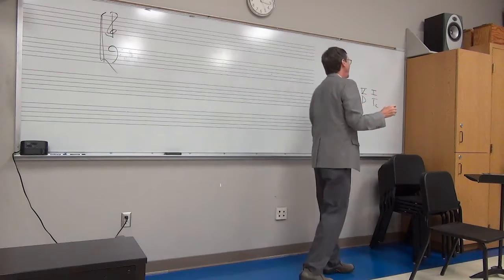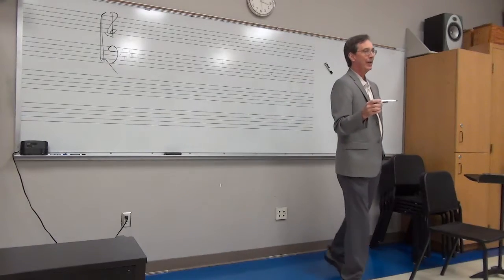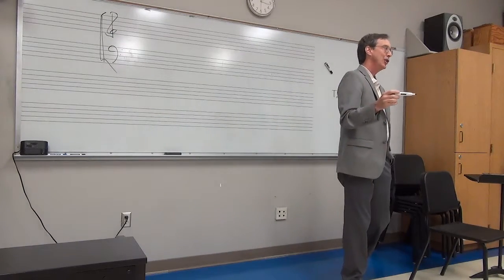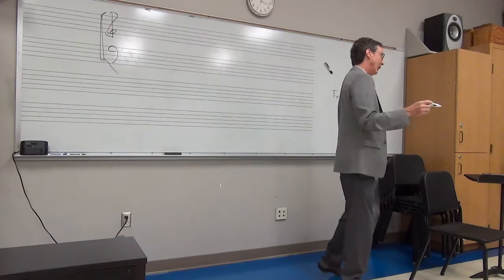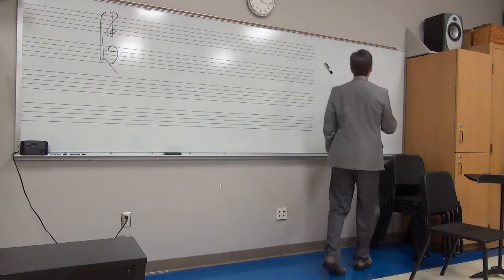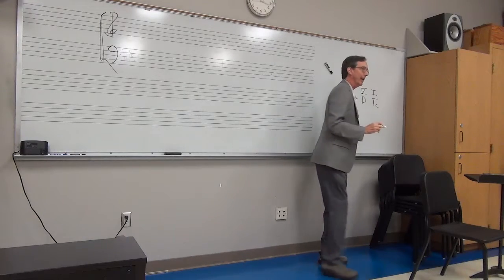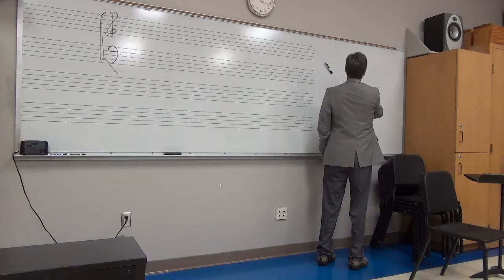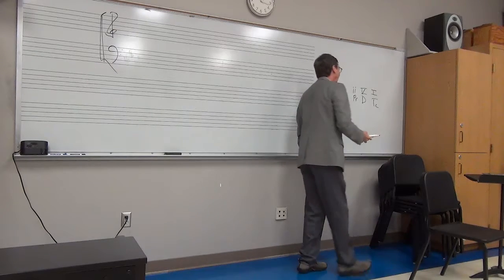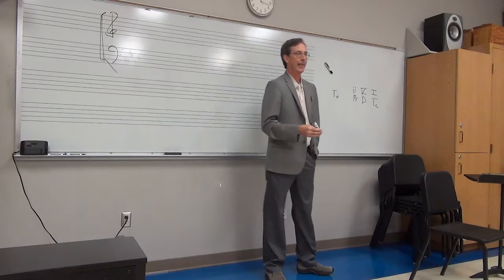If we move a fifth beyond 5, we get to what? All right, so 2 is what we call a predominant. So we have the greatest thing ever invented, the 2-5-1 progression.